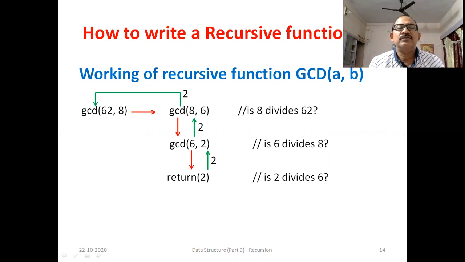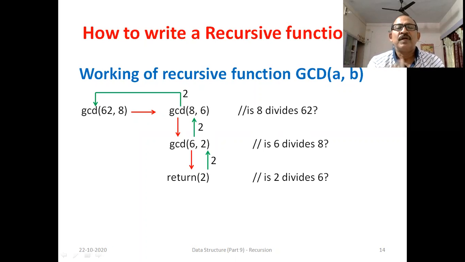The answer is no. Then the control goes into the recursive component, where we have written GCD(B, A mod B), that is 6. So 8 comma 6. The system calls the function GCD(8, 6).